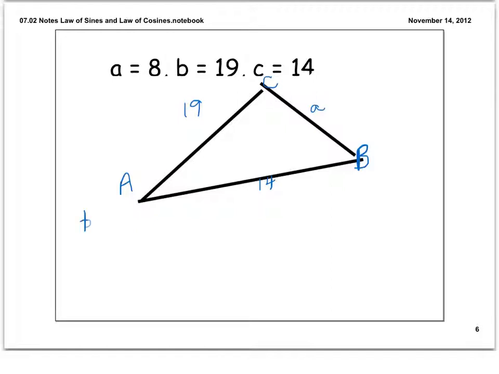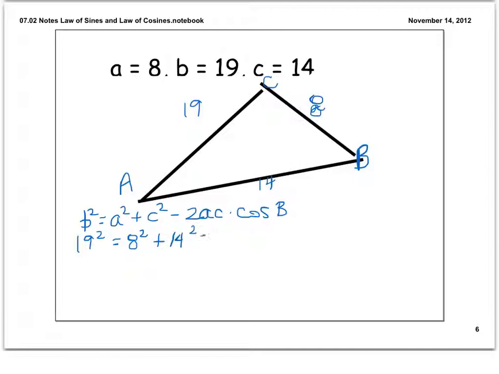Law of cosines, we'll have B squared equals A squared plus C squared minus 2AC times the cosine of B. And so substituting some values in, we have 19 squared equals 8 squared plus 14 squared minus 2 times 8 times 14 times the cosine of B.